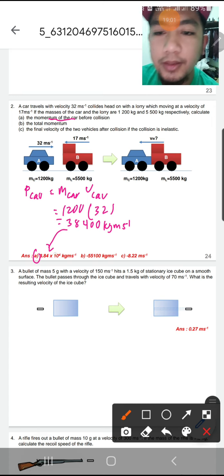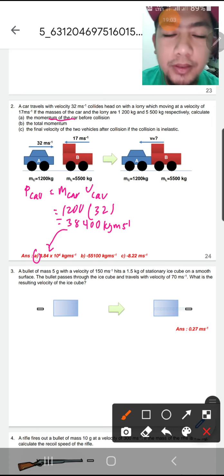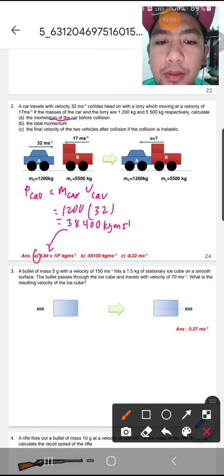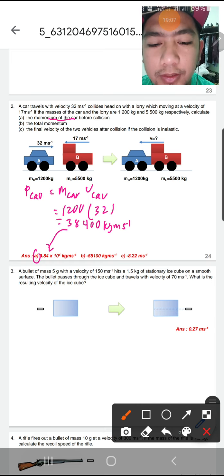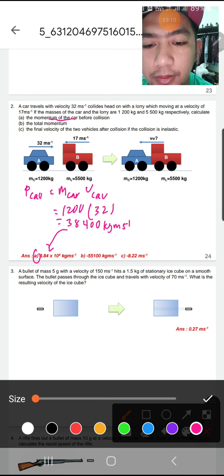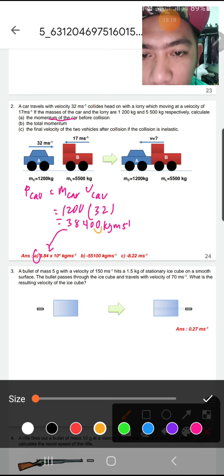Actually, he has converted it to general form, what we call standard form, teacher forgot. It means how to get 3.84 times 10 to the power of 4: you count 1, 2, 3, 4, so the decimal point is there. 3.84 times 10 to the power of 4.